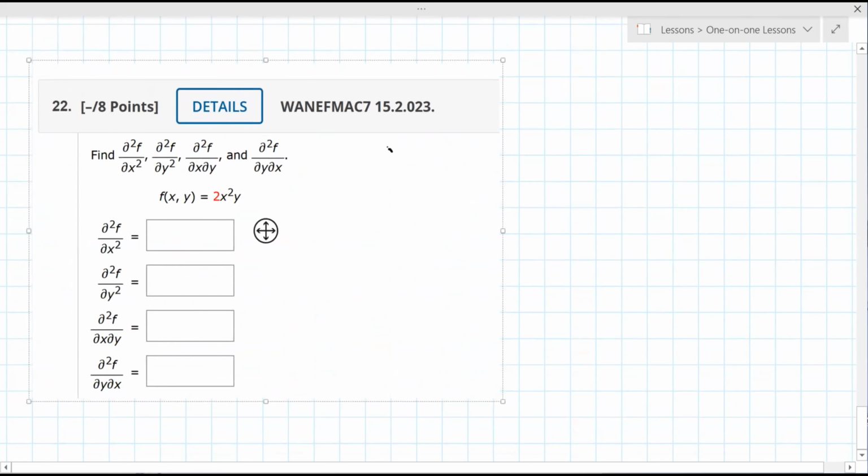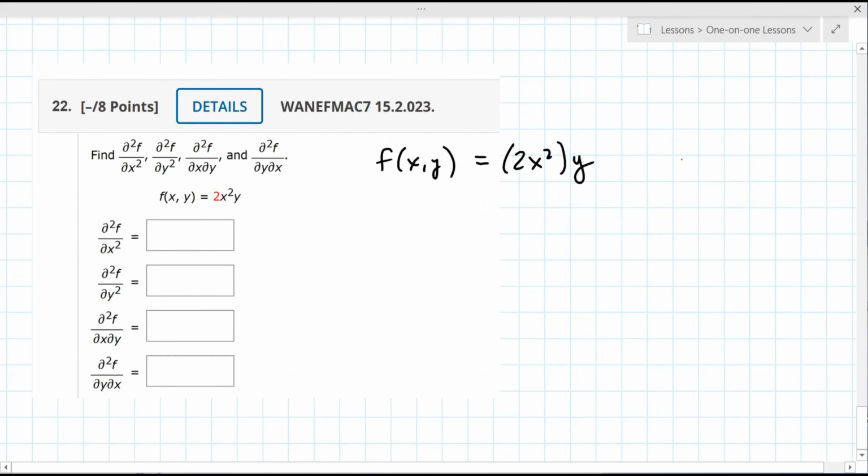So this function f(x,y), there's really two ways you can look at it. It's 2x squared times y, or I guess you could look at it as x squared times 2y.